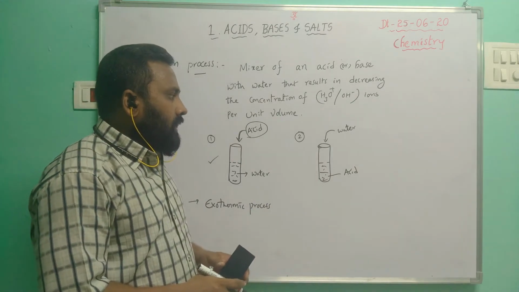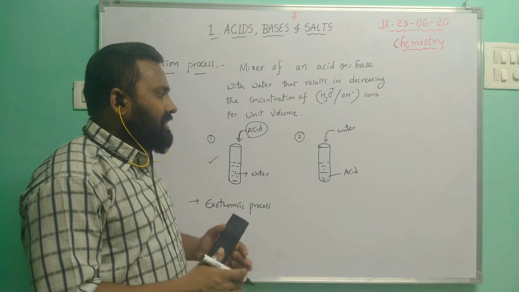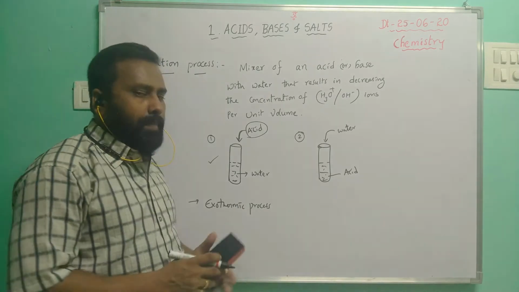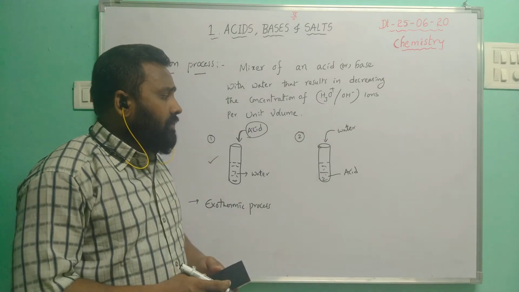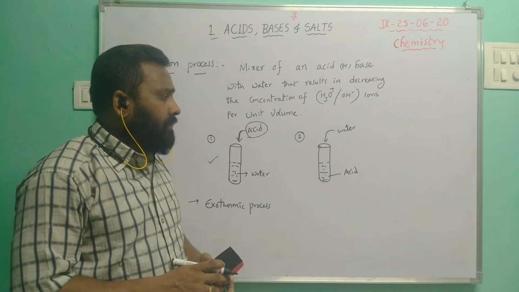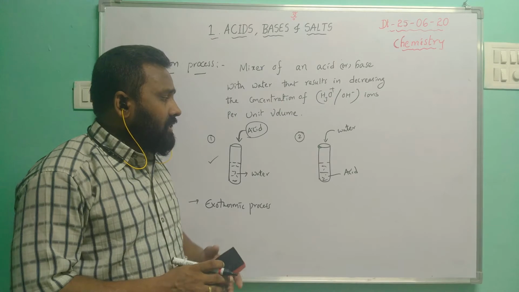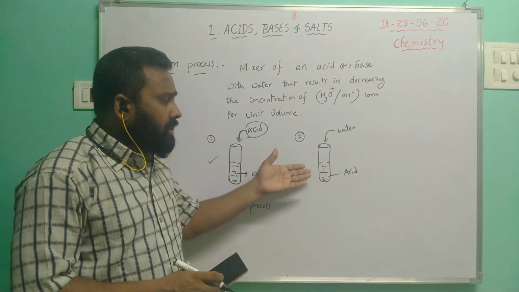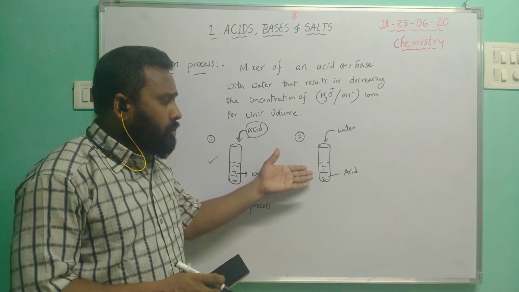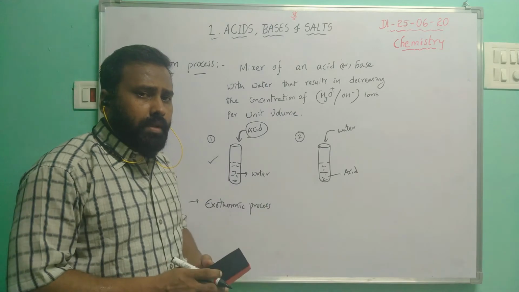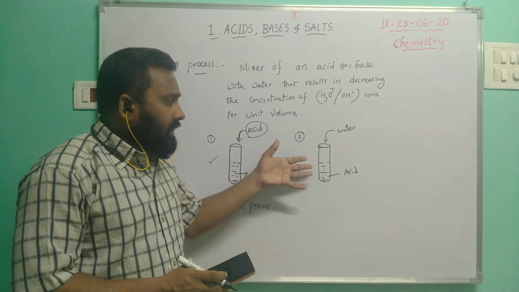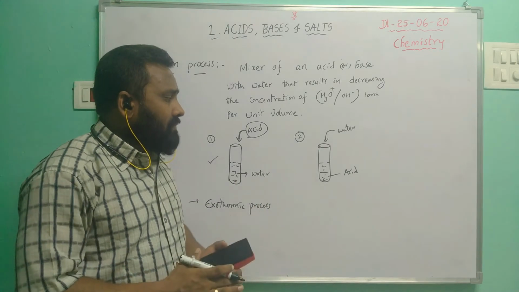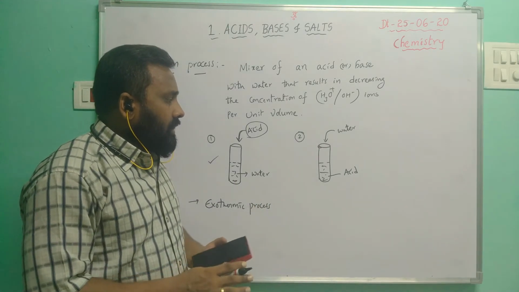If we add the water to the concentrated acid, what will happen? A huge amount of heat can be liberated, which may cause the solution inside the test tube to splash out, and also cause burns.